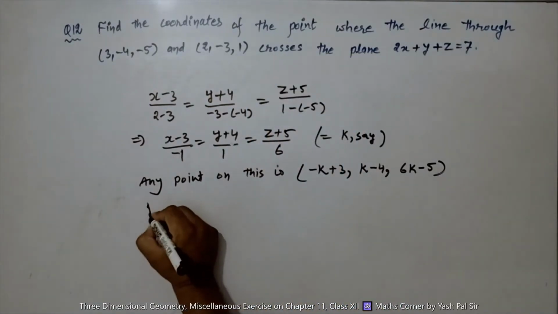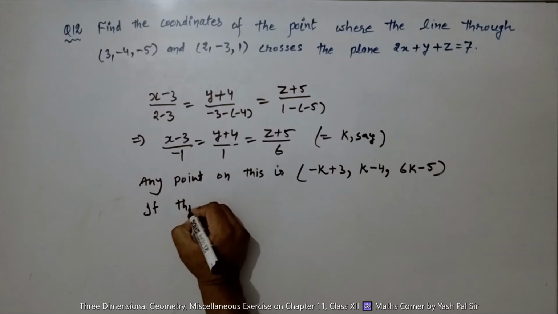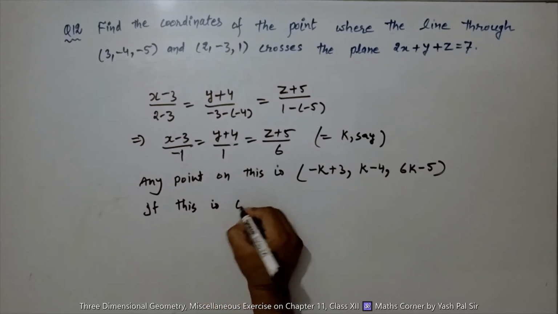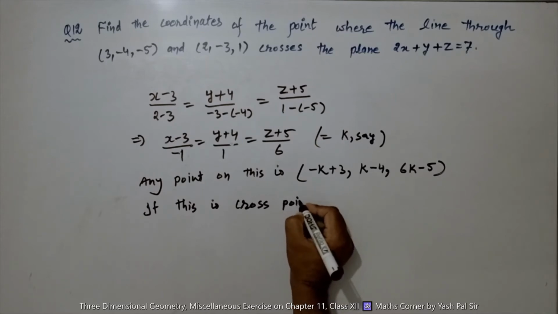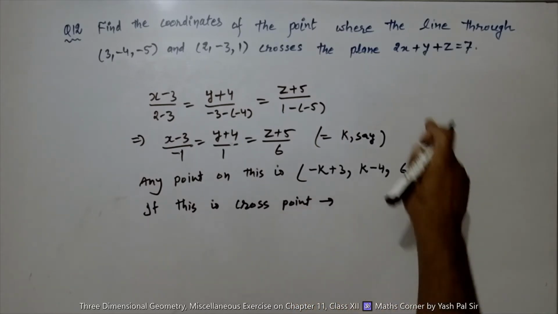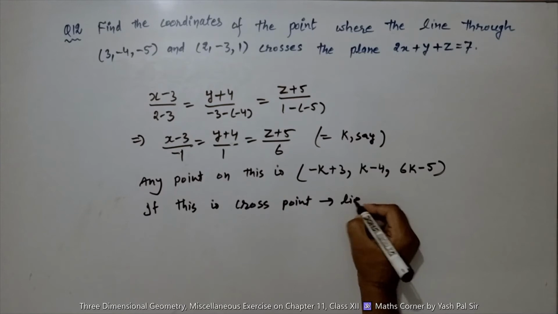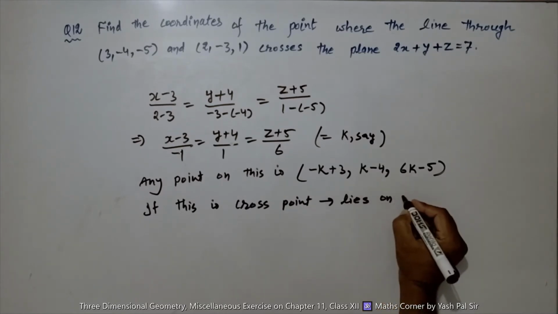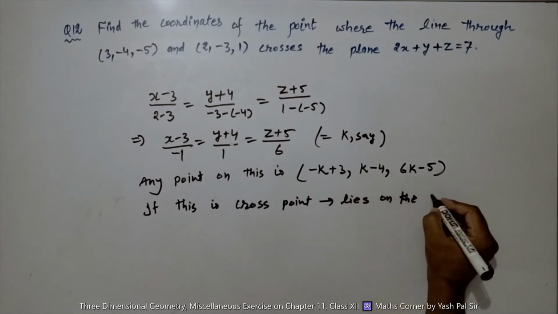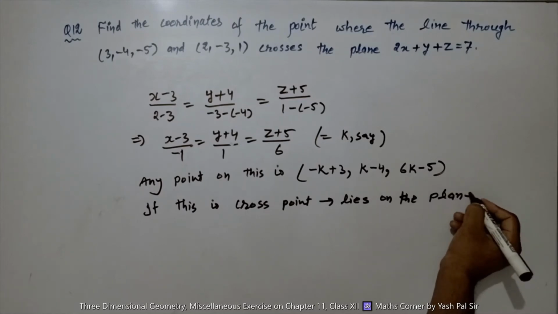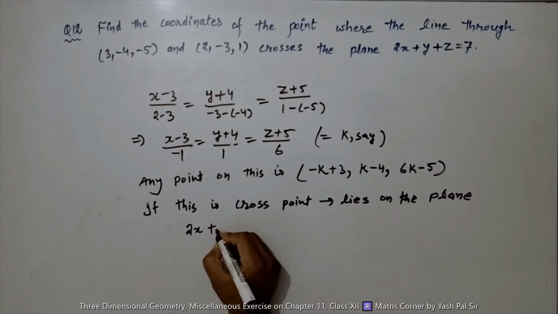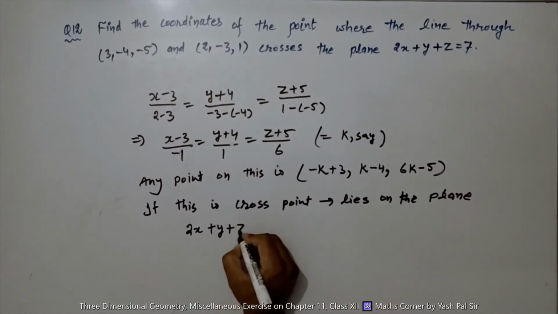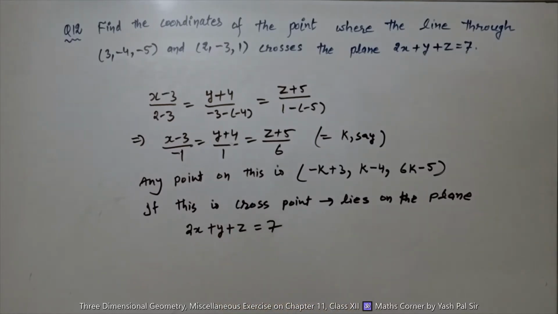If this is the cross point, then this lies on the plane. What is the equation of the plane? This is 2x plus y plus z is equal to 7.